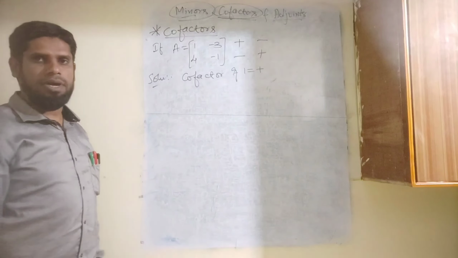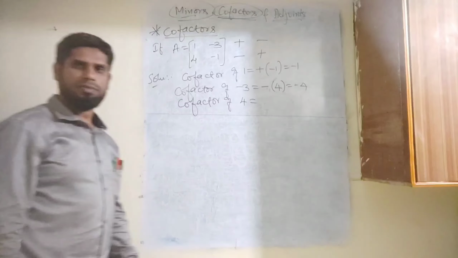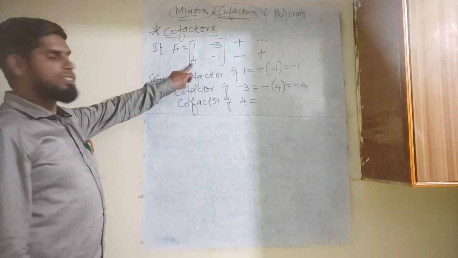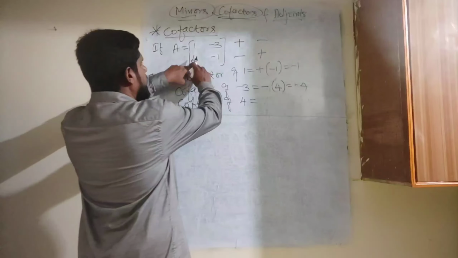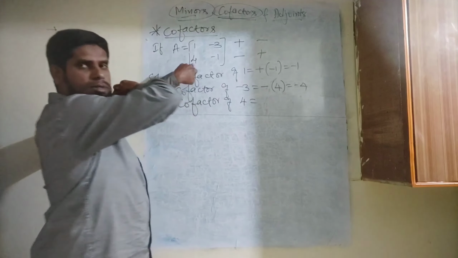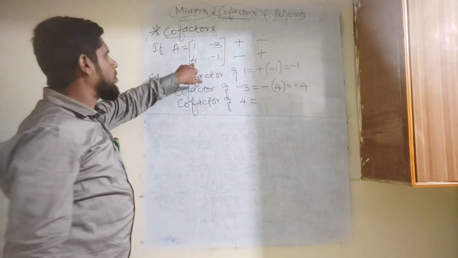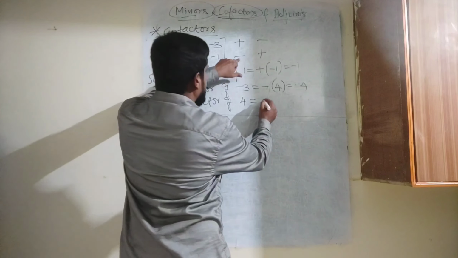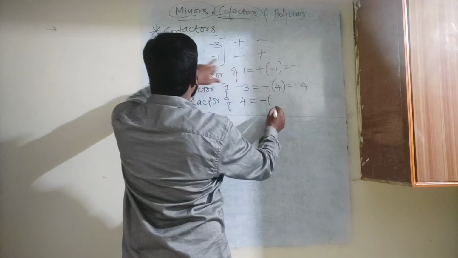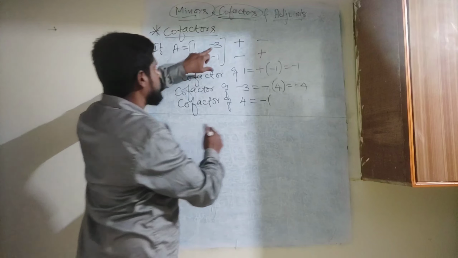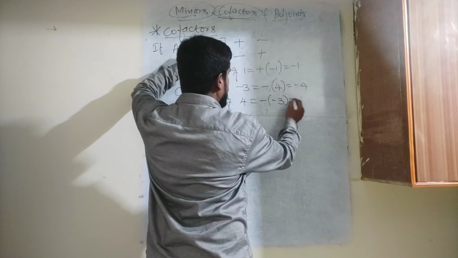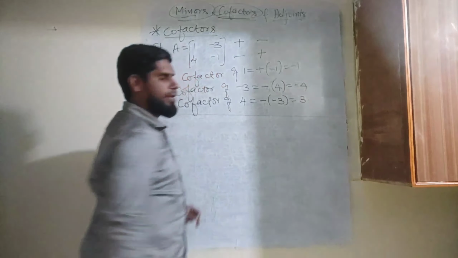The next, cofactor of 4. Eliminate the row and the column related to this 4, and its hidden sign is minus. Its minor is -3. So minus into minus, it's +3.